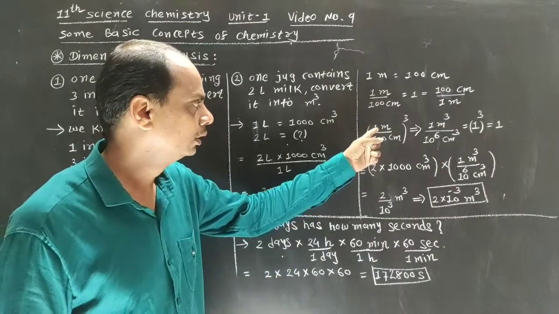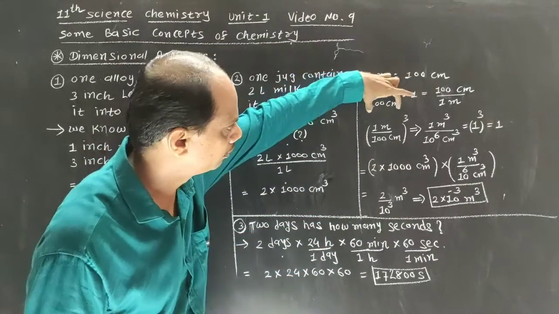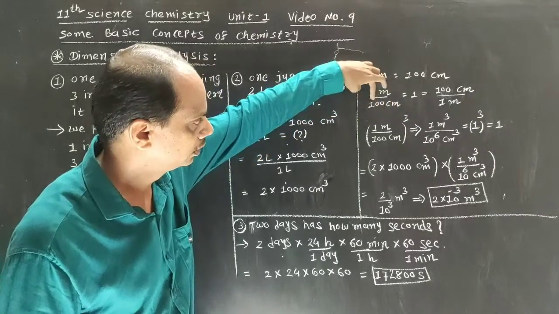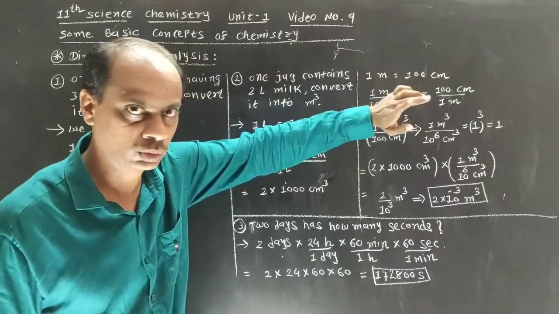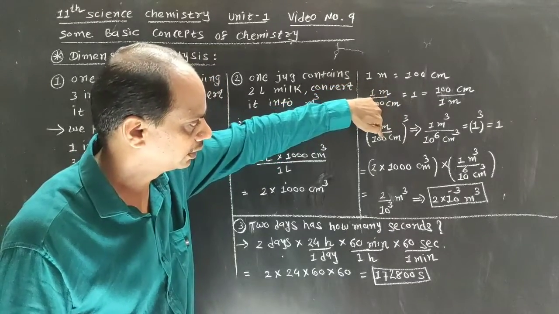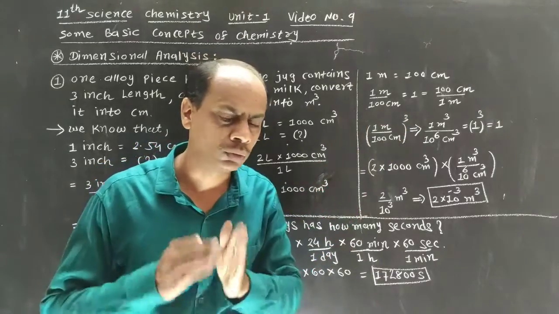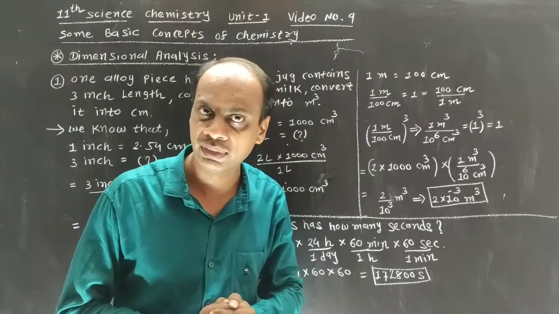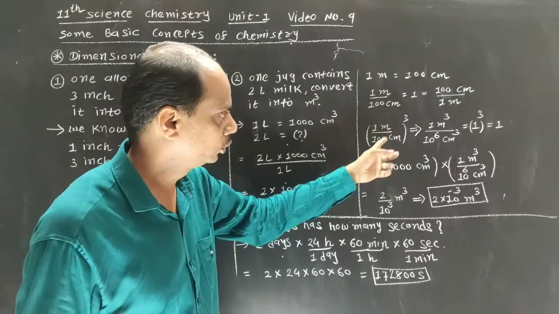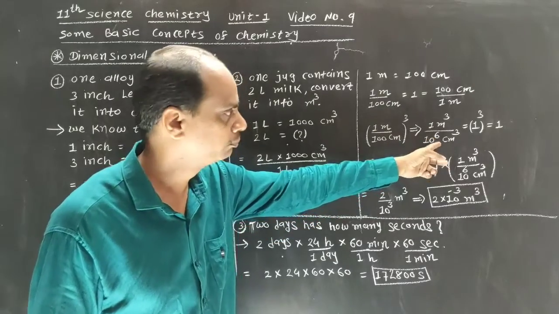So to convert it into cube, I have to make the cube of this one: 1 meter over 100 centimeter, whole raised to cube. Simplified, it is 1 meter cube, and here 10 raised to 2, and its cube, 2 threes are 6. Do not make the cube of 2, that is 8. Here 2 is multiplying by 3. 2 threes are 6, and centimeter cube.